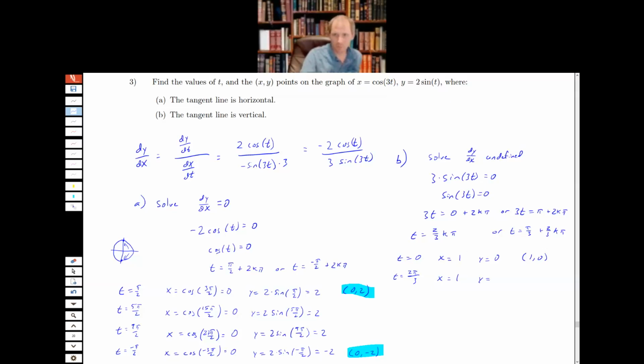And 2 times the sine of 2 pi over 3. The sine of 2 pi over 3 is a positive root 3 over 2. So we get root 3 here. So here I get the point 1 comma root 3.